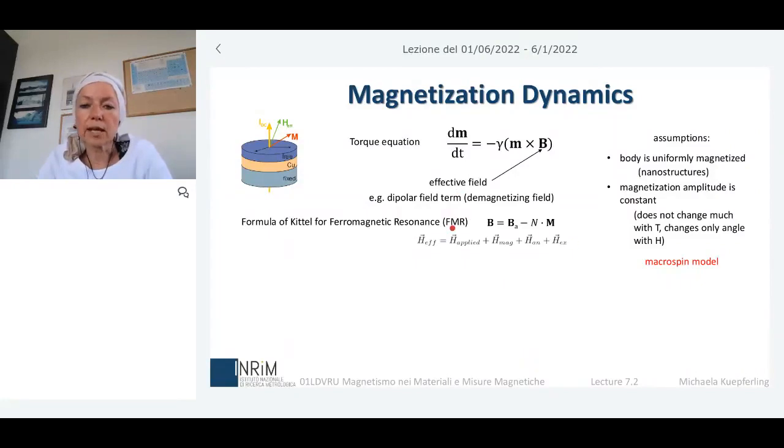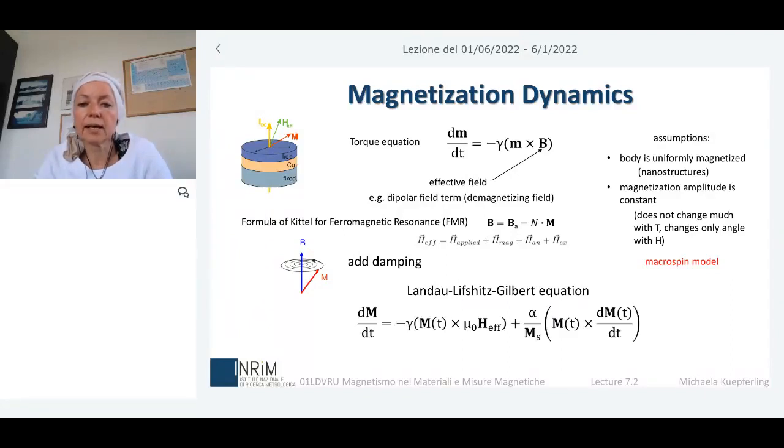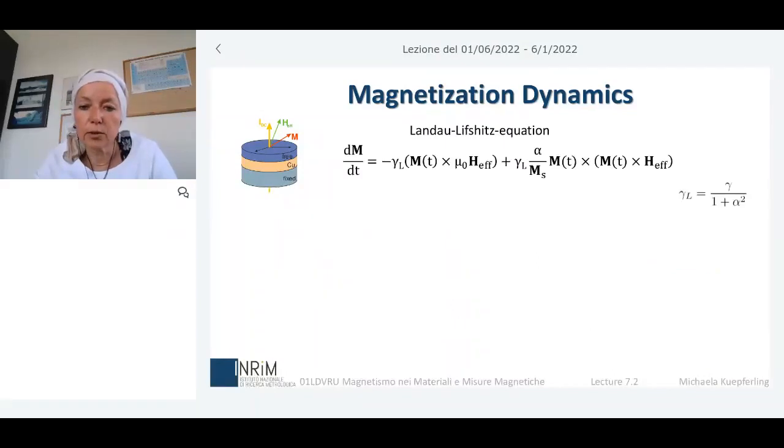But of course, you can have all kinds of other terms. But then we have to add damping. As you know, the spin system is coupled to the lattice by damping, and in this way we find the Landau-Lifshitz-Gilbert equation, which you also studied already with Vittorio.